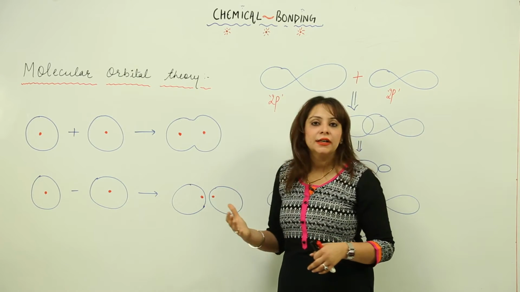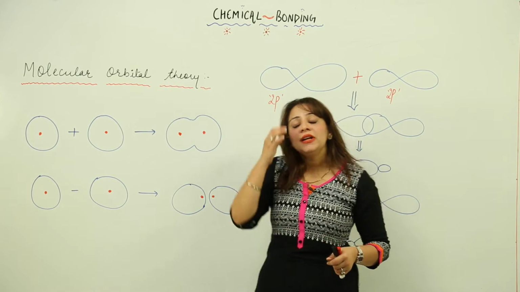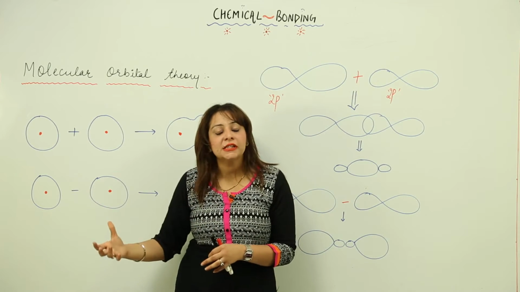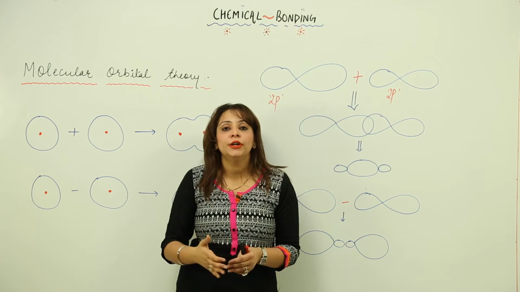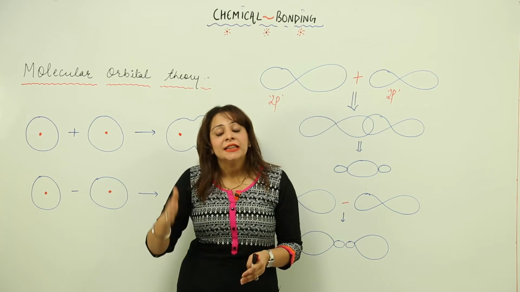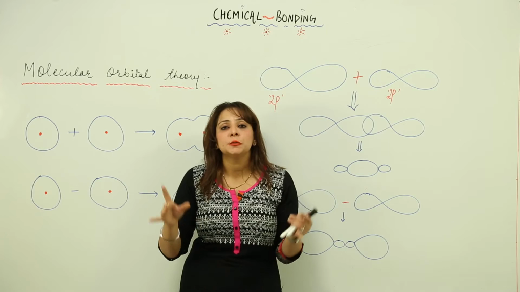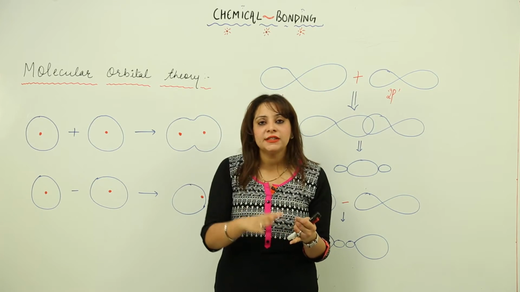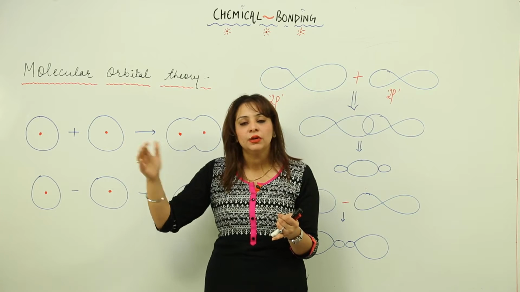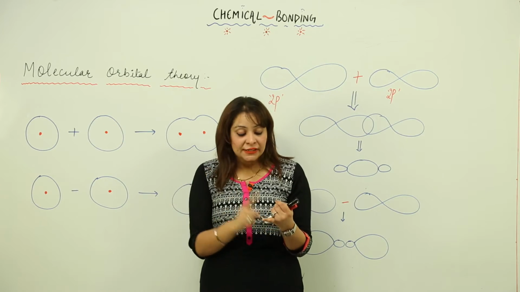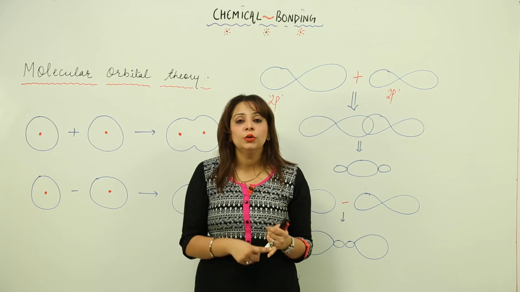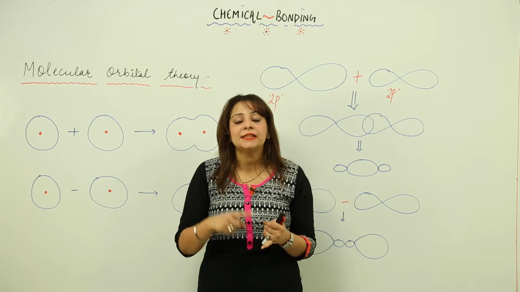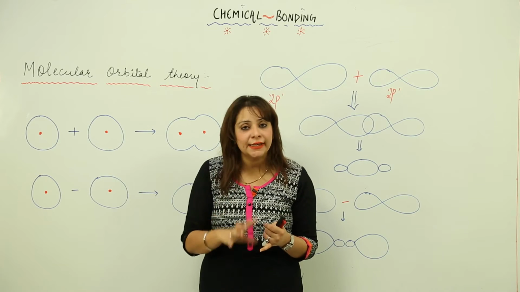So this is the molecular orbital theory, and as we can write the electronic configuration for atomic orbitals, likewise we can write it for molecular orbitals. We follow the same principles. First, the Aufbau principle: the orbital with the lower energy is filled first, and then successive filling occurs. Second, Hund's rule: electron pairing won't take place until each orbital of the same energy is singly filled.